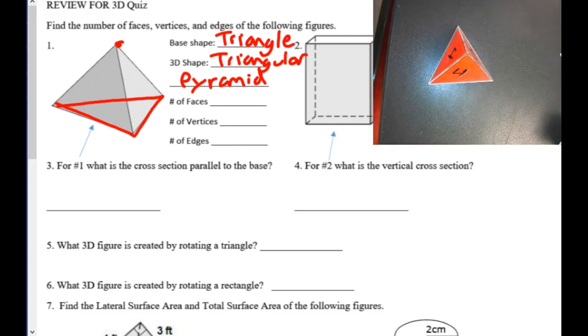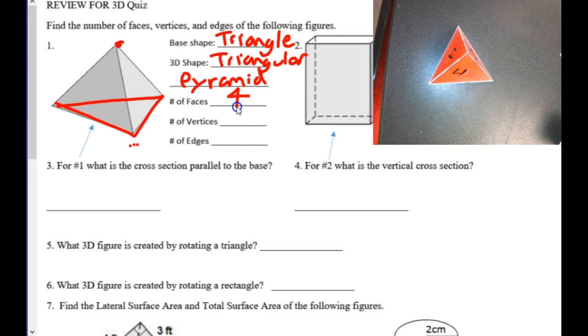Do y'all agree? All right, so 4 faces. It's kind of hard to see from this picture right here, but you kind of have to imagine. There's 3 on the sides and 1 on the bottom. 4 faces. Okay, now vertices. What's a vertex? It's like a corner where edges meet, right? So how many corners or how many vertices do we have here? What do y'all think?